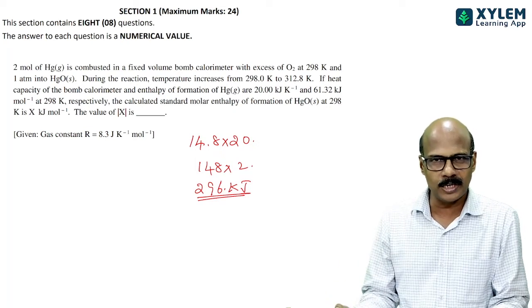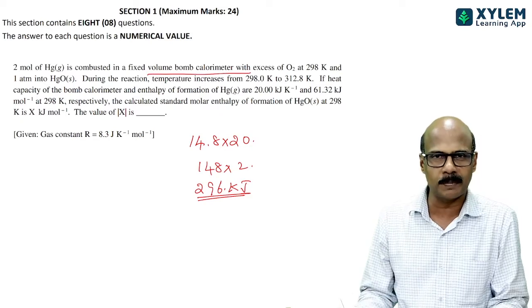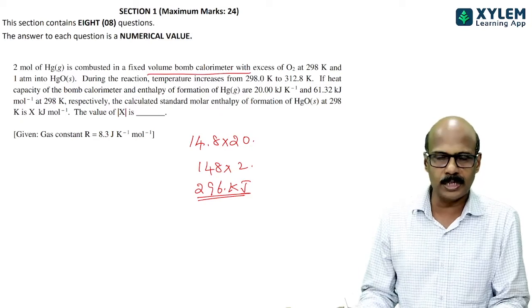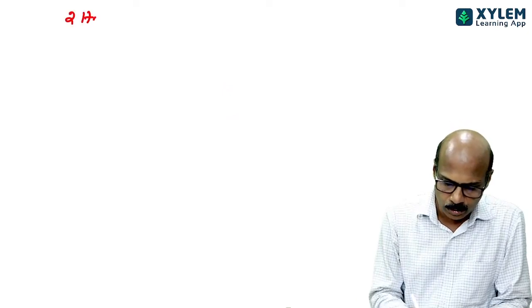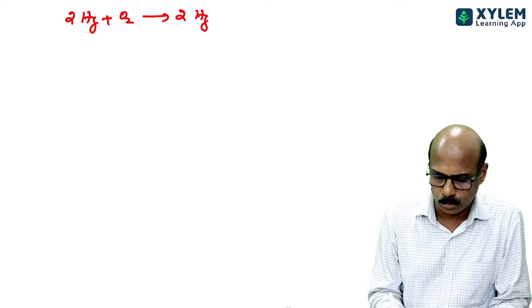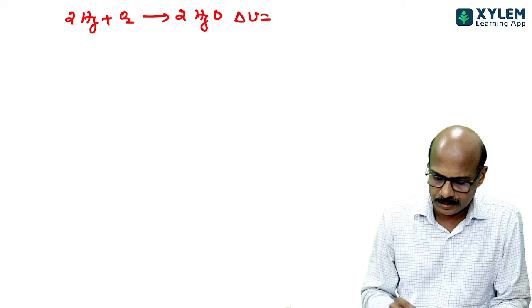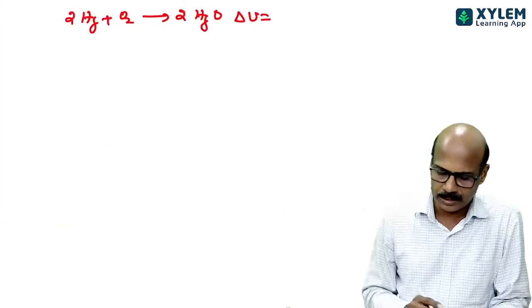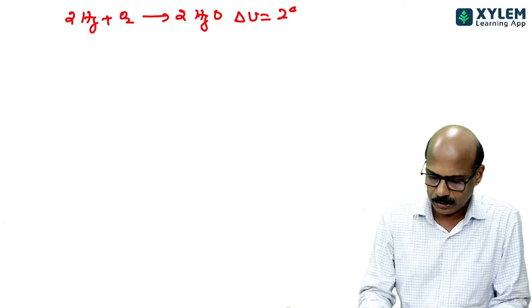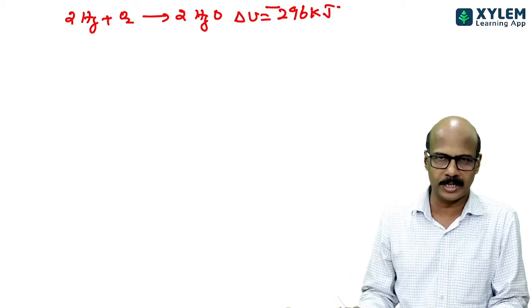The bomb calorimeter is used for determining delta U. So delta U of the process, what is the process given here? 2Hg plus O2 gives 2HgO. And during the process, delta U is 296 kilojoule liberated, so you should put a negative sign.